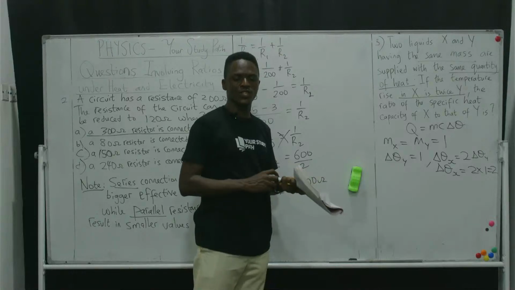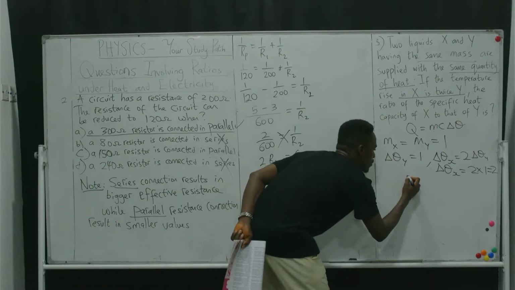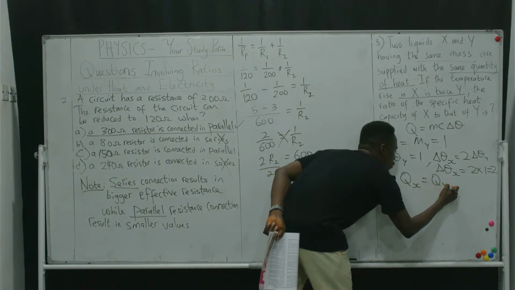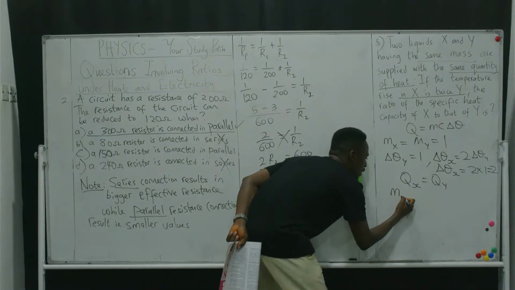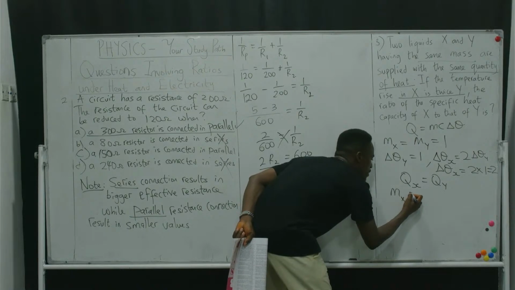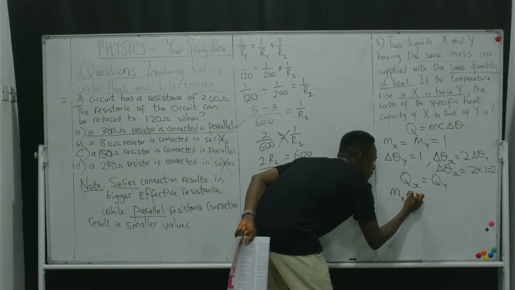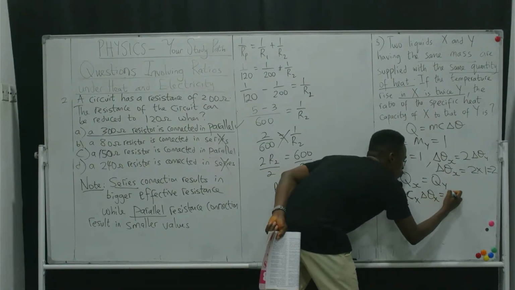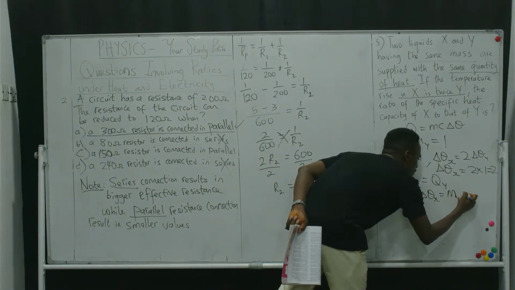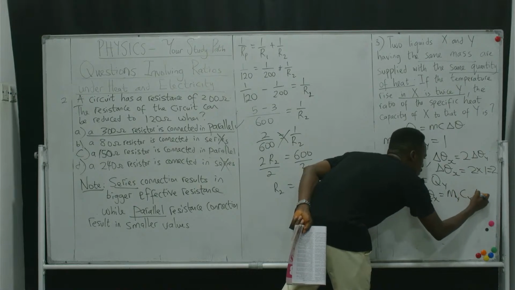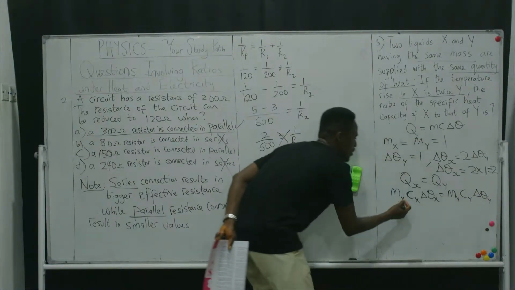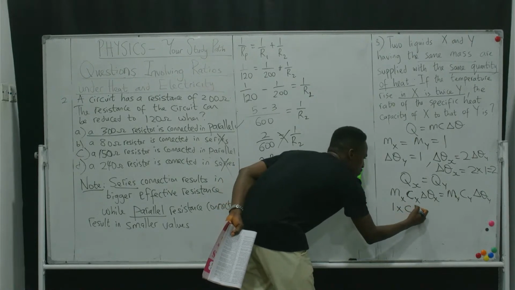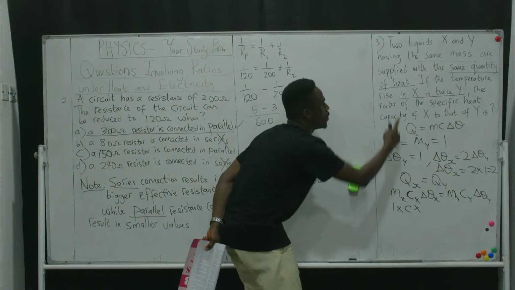We are to compare heat energy. Q equals MC change in theta. So the heat energy for X should be equal to the heat energy for Y. MC change in theta for X should be equal to MC change in theta for Y. Putting in our values, M here is 1, multiply by C, multiply by change in temperature, twice.